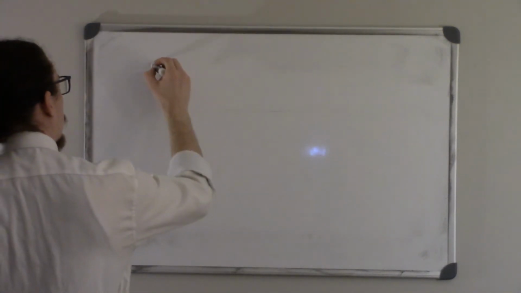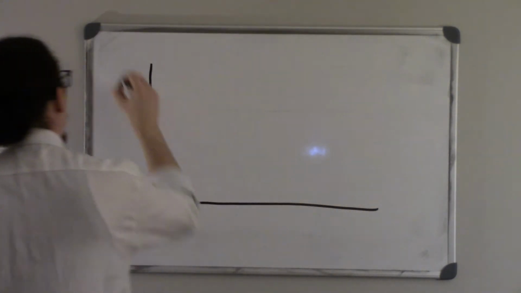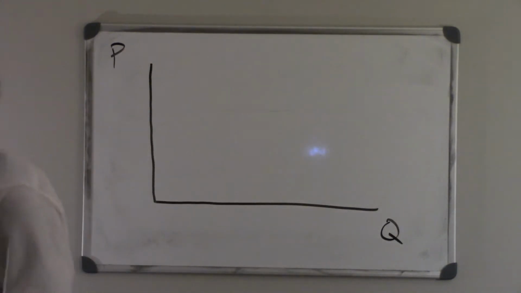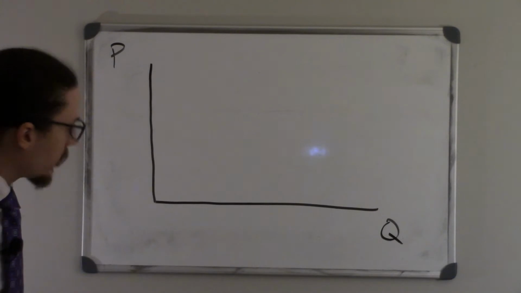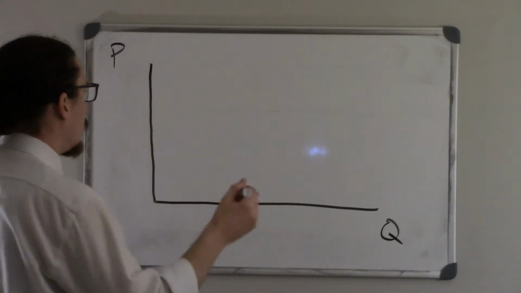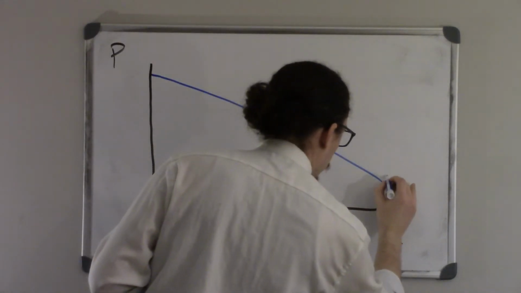All right, so let's just go ahead and pop a graph up here. As always, we want to notate our price and quantity axes. Then we will get our supply and demand.